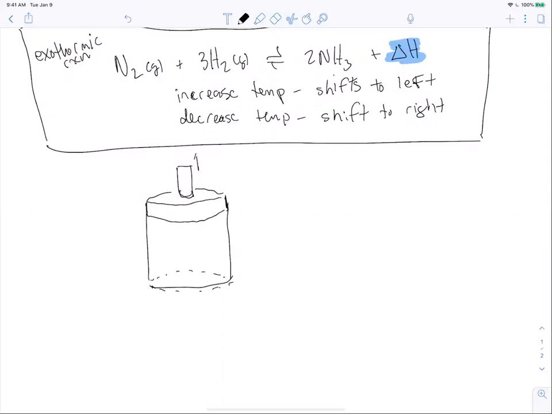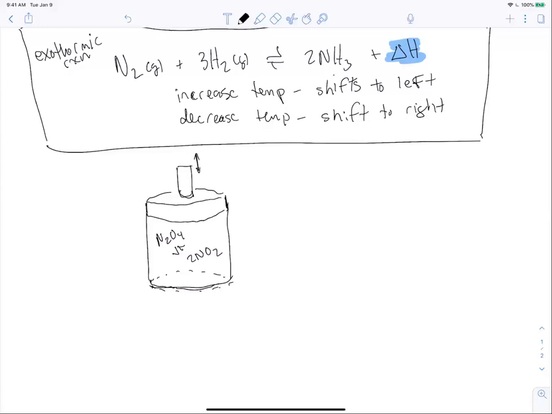So you can move this thing up and down if you want. And I'm running my reaction in there. These are obviously gases.